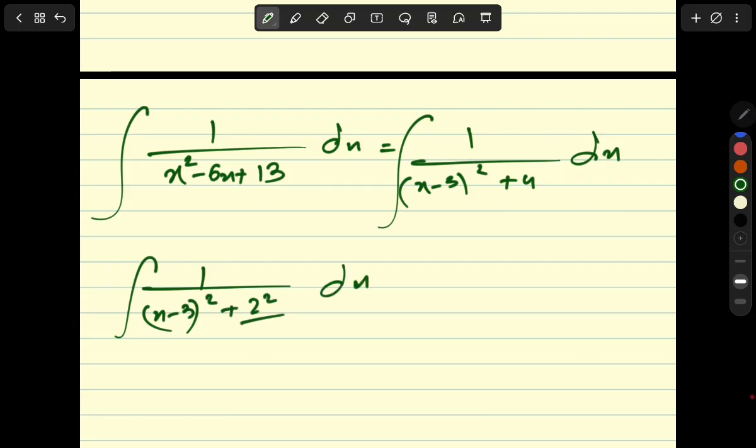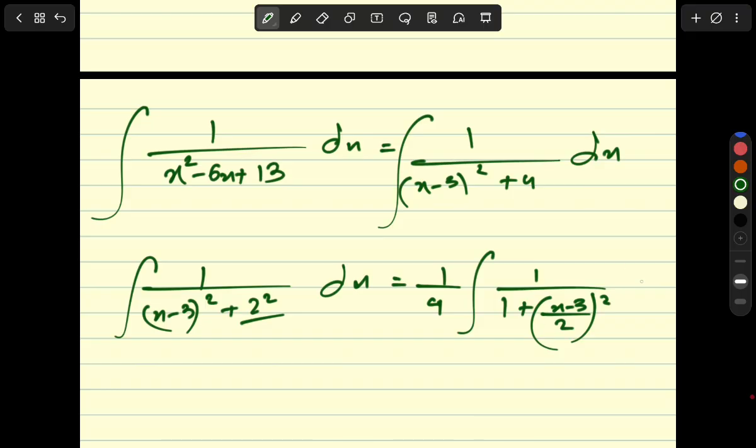So now I can turn it into 1 upon 4 integral of 1 upon 1 plus x minus 3 over 2 whole square, right? This is just basic algebra, right?